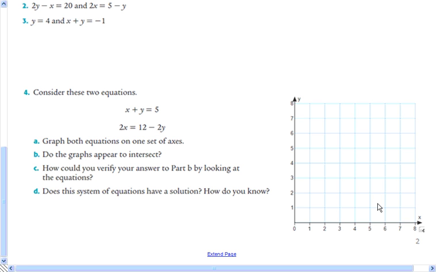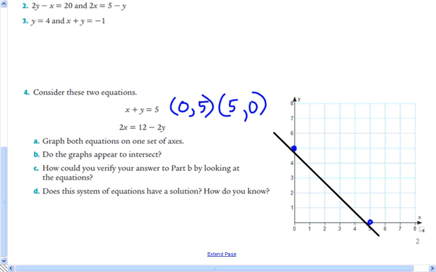I think the way I'm going to do that is I'm going to use the intercepts. So if I put in 0 for x in this first equation, that means y is equal to 5. If I put in 0 for y, that means x is equal to 5. So I have the points 0, 5 and 5, 0. And then I can just draw a line through those. And I get that.